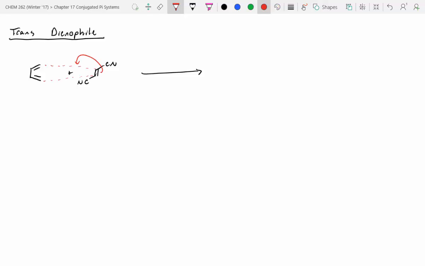This pi bond we said is going to hop over. This one's going to hop over, and this one's going to hop over. And just like you guys probably thought, your cyclohexene is going to have the substituents trans to one another on the ring, right?